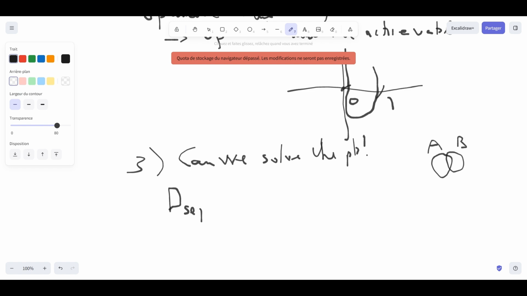Then you can separate A from B, and if you cannot separate them, it means that your state is not a separable state. Here is a counterexample.